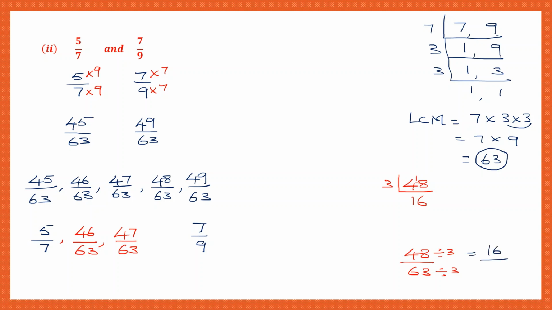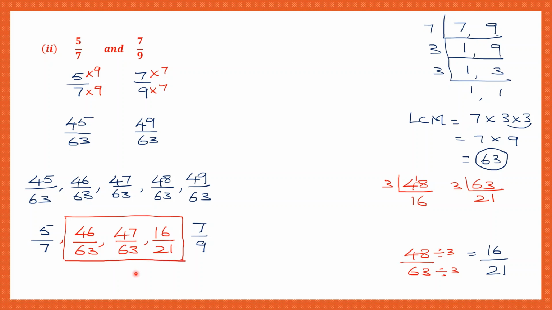Now let's divide 63 by 3. 3 twos are 6. 3 ones are 3. So what do we get here? 21. So the third rational number, 48 by 63, we have reduced it to 16 by 21. So what are the three rational numbers that we have inserted? The three rational numbers that we have inserted are 46 by 63, 47 by 63 and 16 by 21.